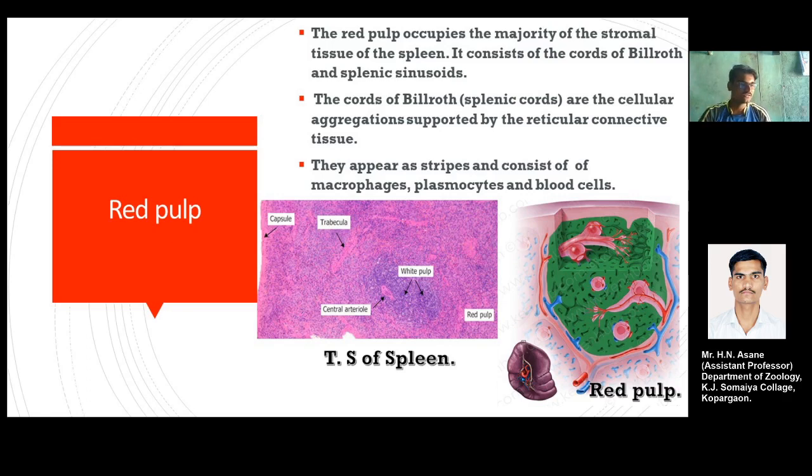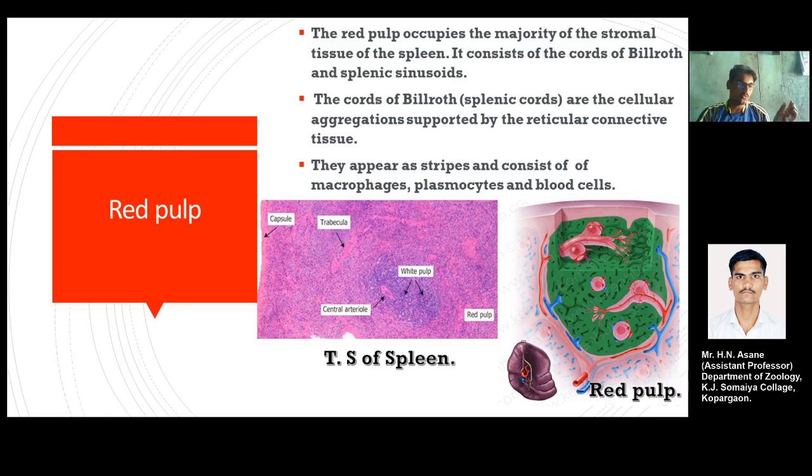So the venous sinuses form an anastomosing plexus through the red pulp. The lining cells are endothelial cells called littoral cells over here, which are also known as reticular cells.